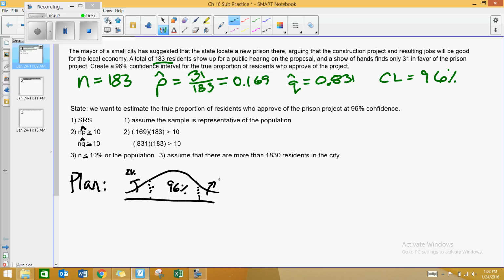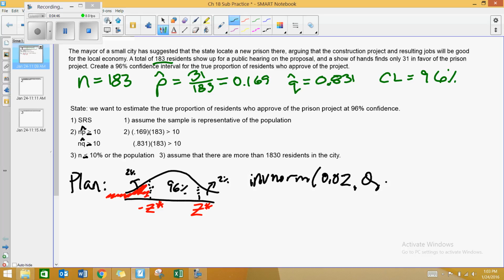The area under here would be 2%. So in my calculator, I'm going to do inverse norm of 0.02. That's going to start adding over here, and it's going to stop whenever it gets to 2%. And that value is going to be my z star. Same over here, but your calculator reads it from the left first.